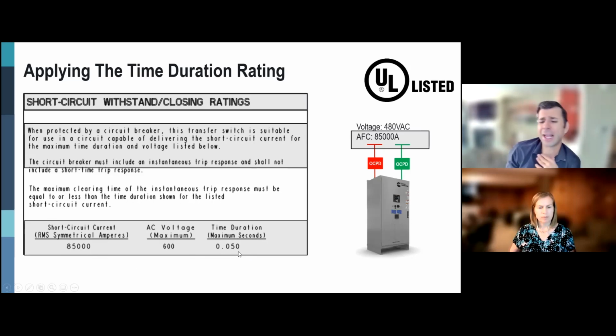You might ask, what is the value at, say, 0.0125 seconds? Obviously, if I can handle 85,000 amps at 600 volts for up to 50 milliseconds, I can handle it for less than 50 milliseconds. For half of that, it's obvious.